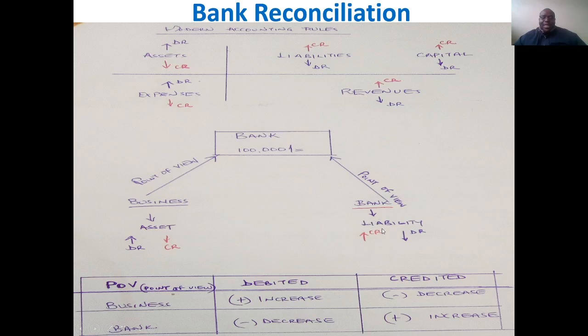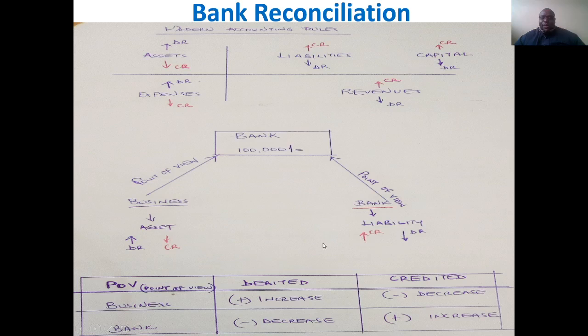So they are increasing their liability to us, and that is recorded on the CR side. And if the bank releases money on our behalf, the money in our account reduces and they debit our account with that amount that has moved out.